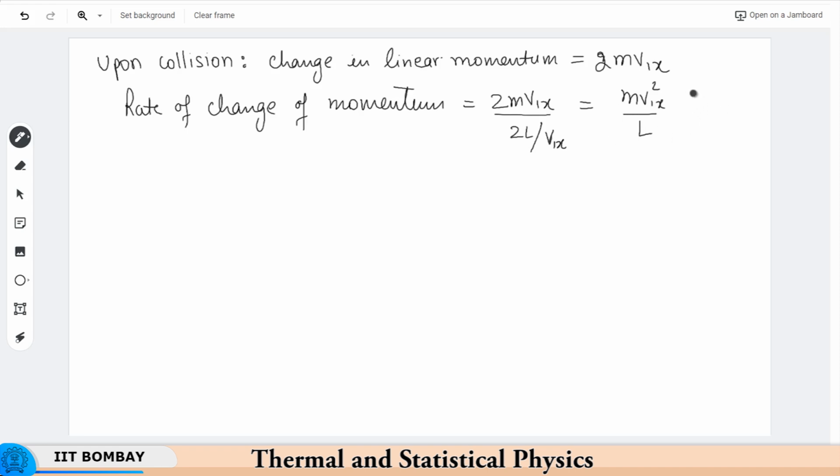And remember, this is for one molecule, and this is the x component, right.